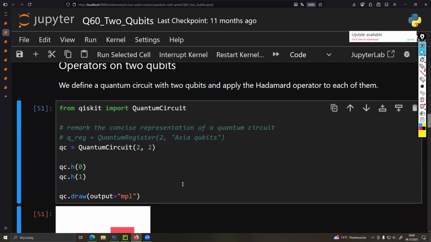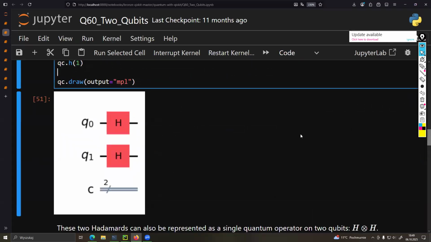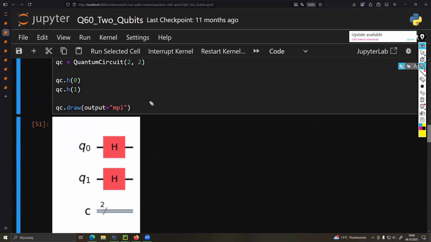And now, as you can see, it differs because we have a classical register, as I showed you. We have this first number, which was 2 bits.